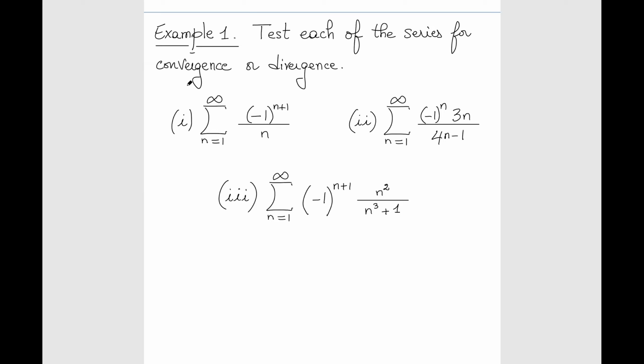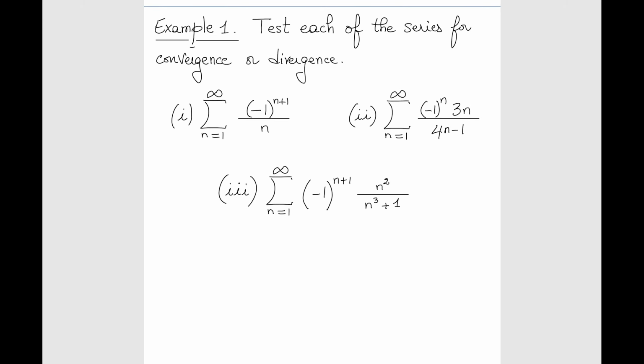All right, so how do we determine whether this is going to converge or diverge? We're going to run the test that we just learned, the alternating series test. This is certainly an alternating series, so part 1, it's an alternating series. What's this series, by the way?